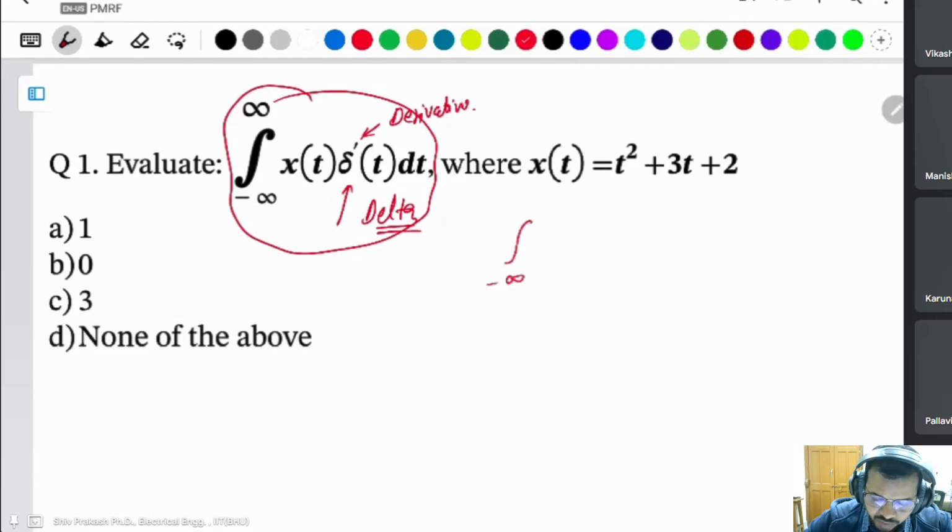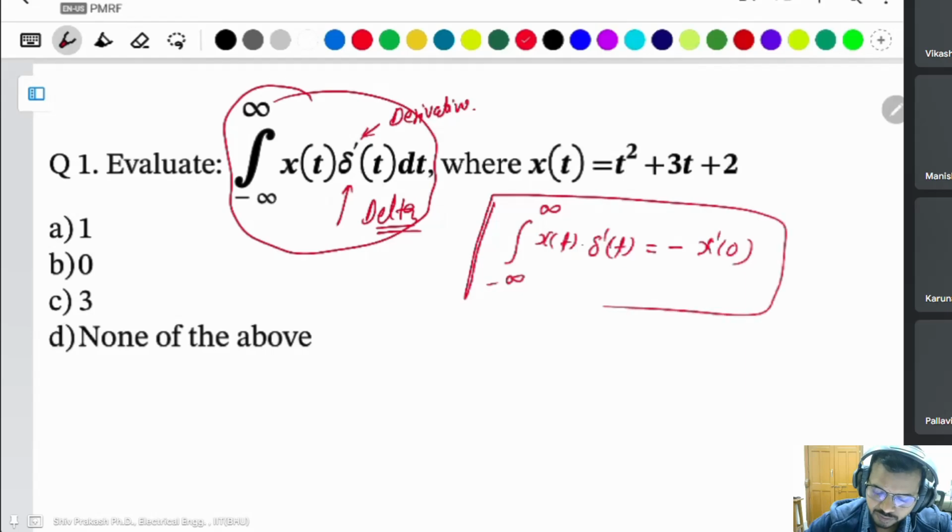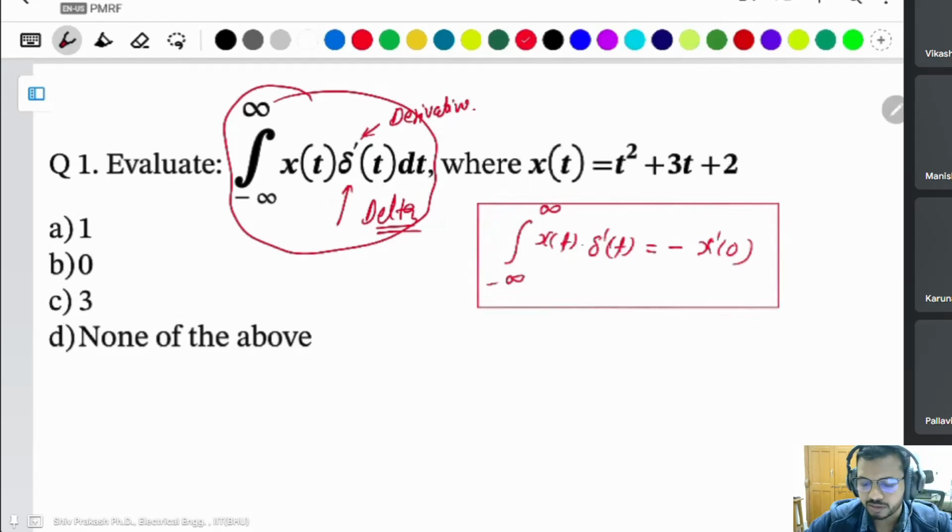Actually, this is the same. See, in the property, the integral of x(t) and del dot t is equal to minus of x dot naught. By this formula, you can solve this question easily by taking the differentiation of this one.